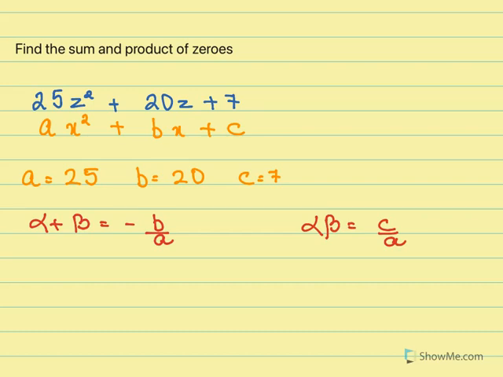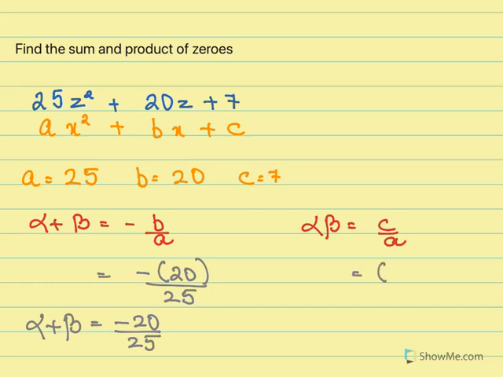So we put the values. Sum of roots will be minus b is 20, a is 25. So alpha plus beta is minus 20 over 25. Product of roots is c by a, and c we know is 7, a is 25. So product of roots is 7 by 25.